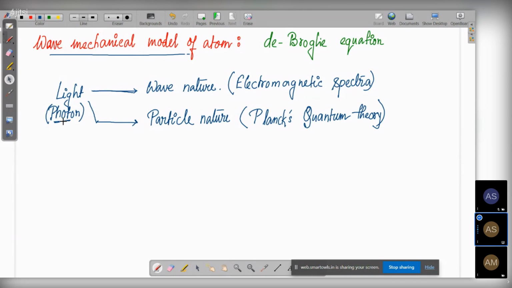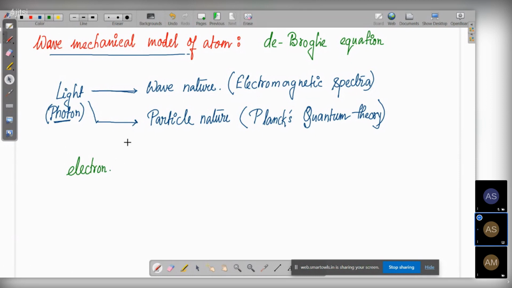So the logic of de Broglie was that if light, being a subatomic particle, can exist both in wave form as well as particle form, then the electron, which is also a subatomic particle, can also exist in that manner.